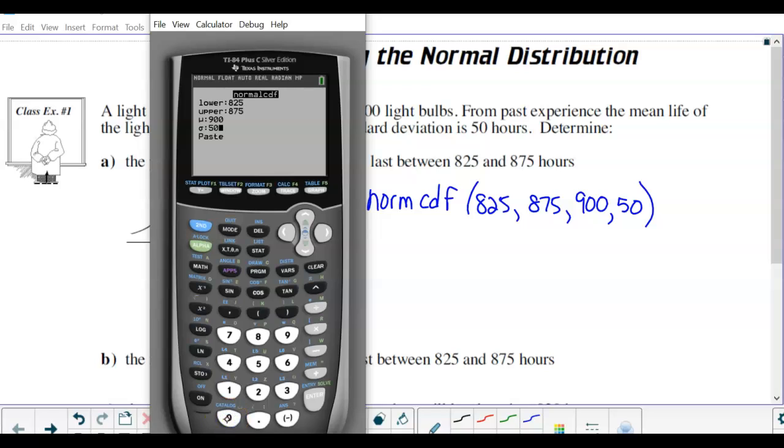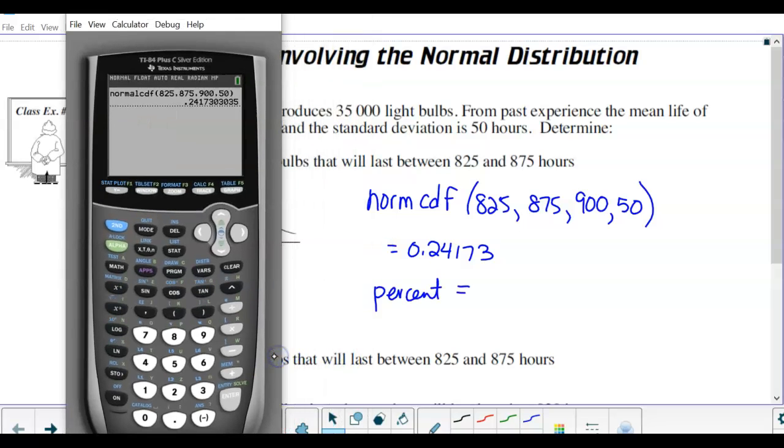I'm just entering that in, pasting it. Enter on that, and this is 0.24173. Go to a number of decimal places. This is the area, or you can call it the probability. And then percent is times by 100.